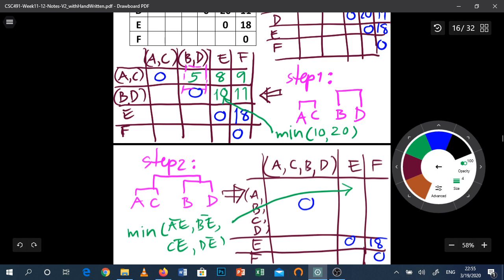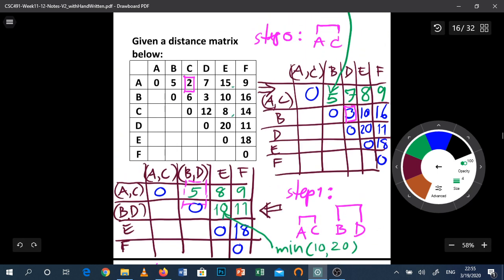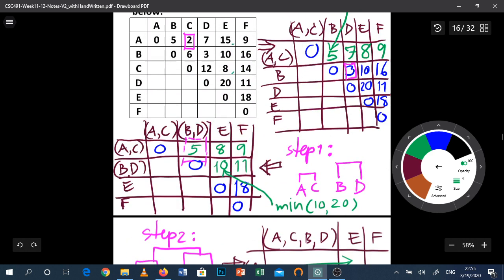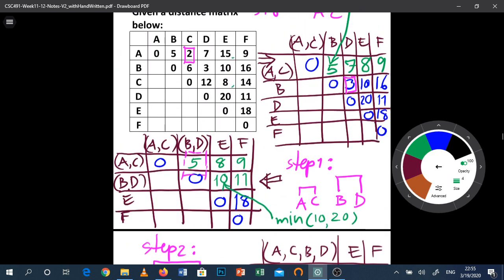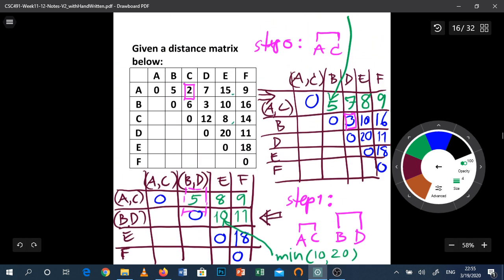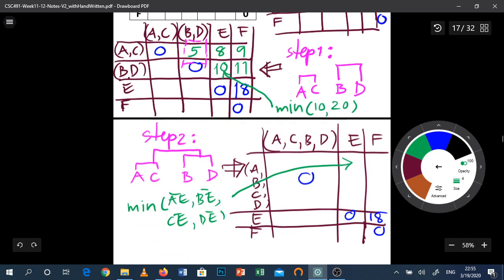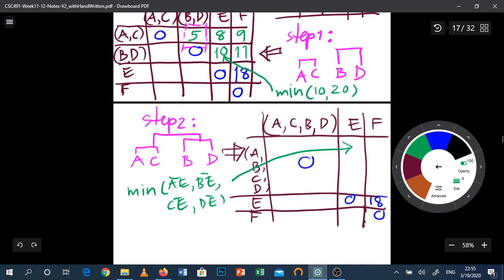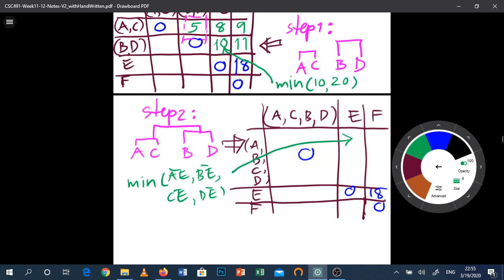So let's look. AE was 15. BE was 10. So far 10 is smaller. How about CE? CE was 8, so CE was even smaller. And how about DE? DE was 20, so the smallest was 8. And similar idea goes to the cell F. So the update will be 9.